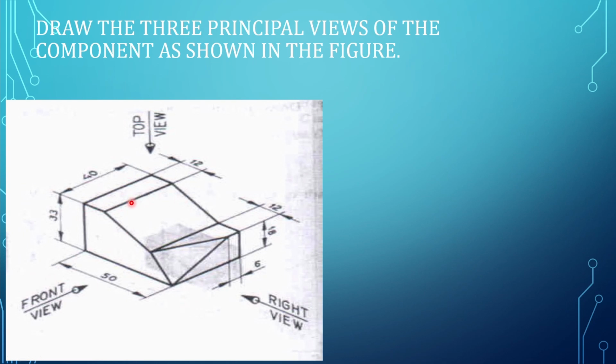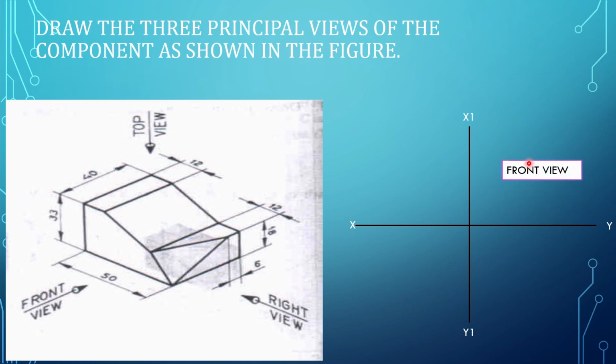Whenever an observer watches this component in the front view, the image of the front view will be seen on the right side of the figure. So you can see if this is an XY line, X1, Y1, the front view will be seen here in the right side like this.